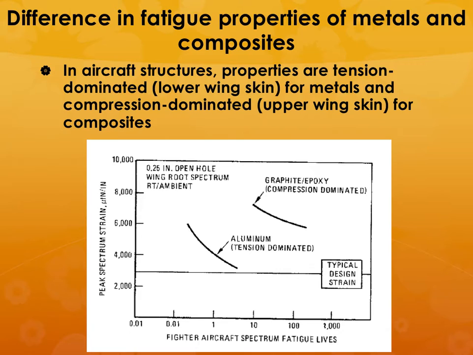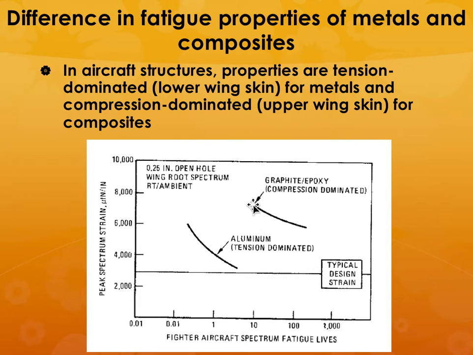We did talk a little bit about fatigue properties in metals and composites. In aircraft structures, if it is a metal, they are tension dominated properties, and if it is a composite, then it is a compression dominated property, especially if it is an upper wing skin type of material.